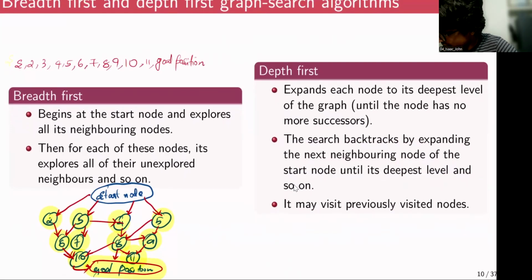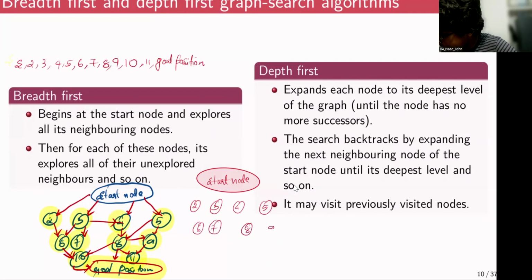Let's use the same example. So we have the start node, then node 2, node 3, node 4, node 5, then node 6, node 7, node 8, node 9, then node 10, then node 11, then the goal position.